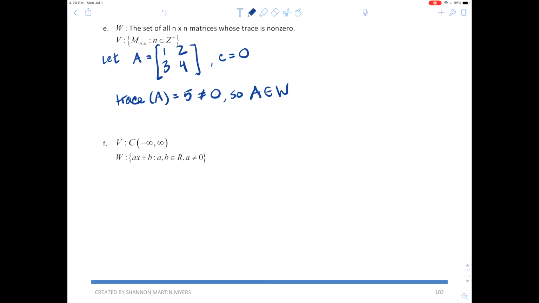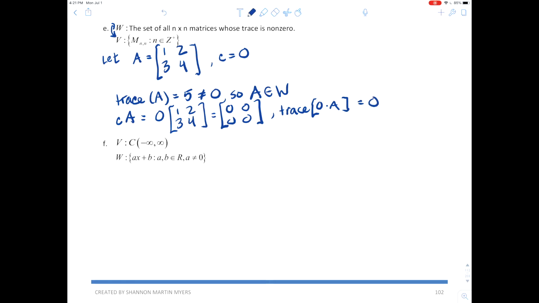Sorry, I have these mixed for some reason. It doesn't really matter, but okay. And then if I multiply by 0, so C times A would equal 0 times 1, 2, 3, 4, which gives us our 0 matrix, 2 by 2 matrix. And the trace of 0 times A is equal to 0.